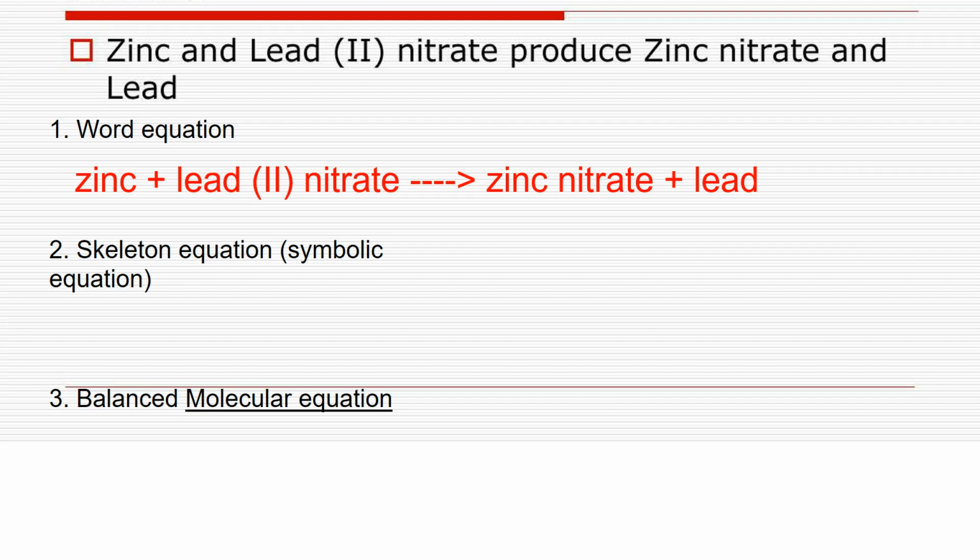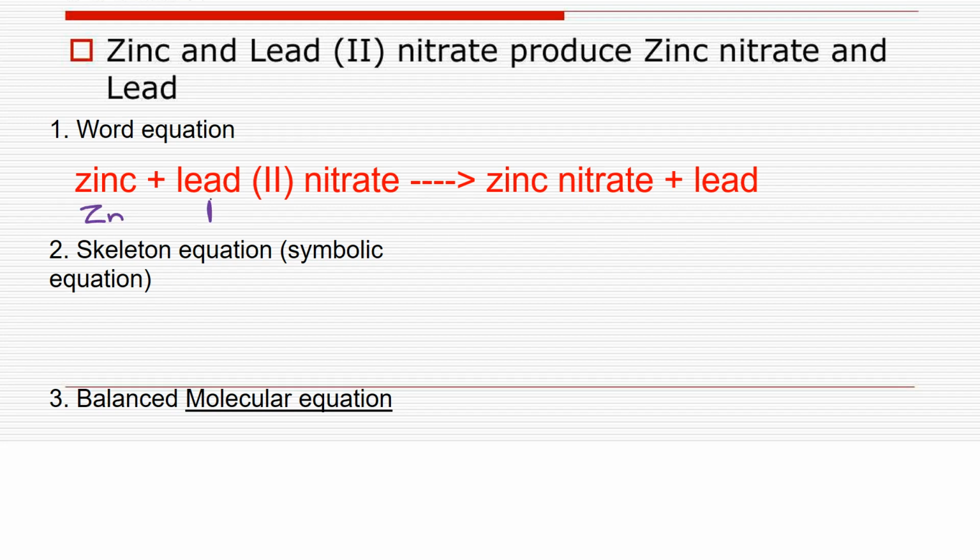Changing that to a skeleton equation or a symbolic equation, how would I write zinc as a symbol? Zn, right? Lead 2 nitrate. So I'm going to kind of show you these as we're doing it. Symbol for zinc is Zn.